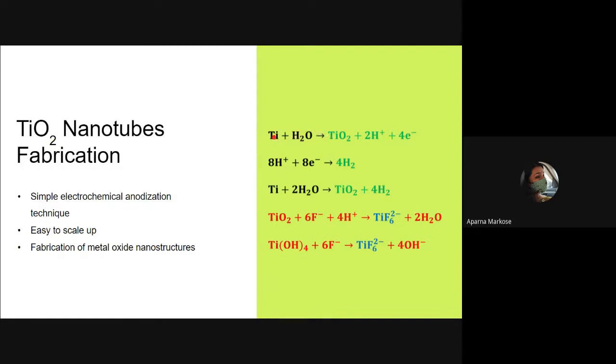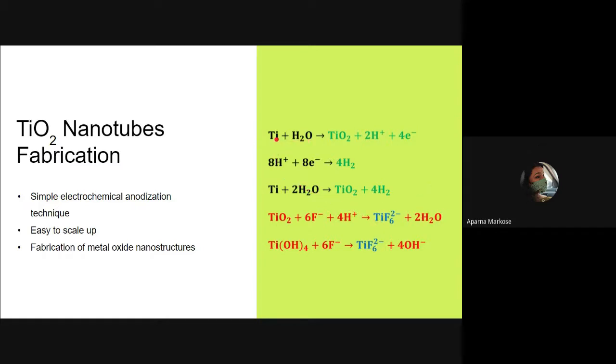Basically you will have a titanium and you will have some chemicals. What happens is titanium reacts with water when you apply voltage and creates titanium dioxide. At that time it frees some hydrogen ions, and those ions will later attack the formed titanium dioxide, and the fluorine ion present in the solution will generate hexafluorotitanate formation.